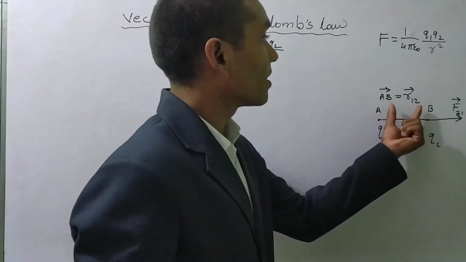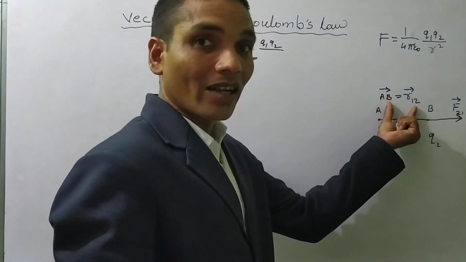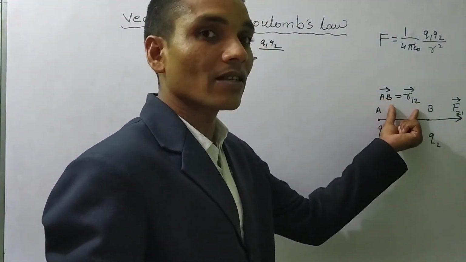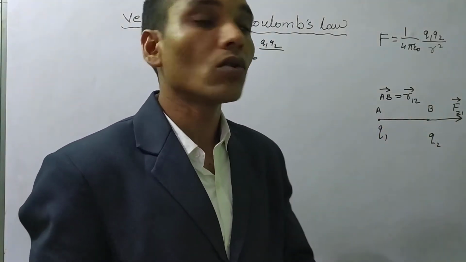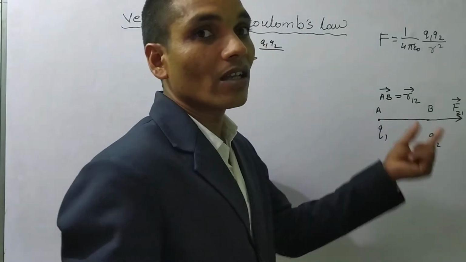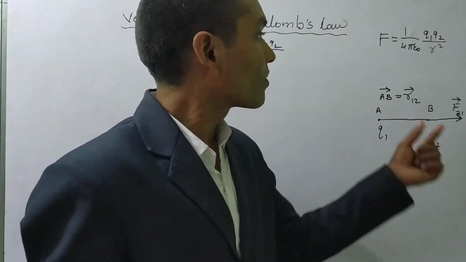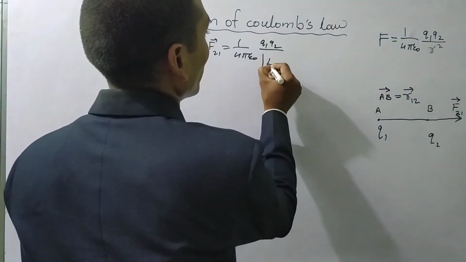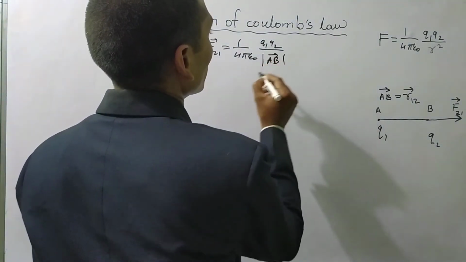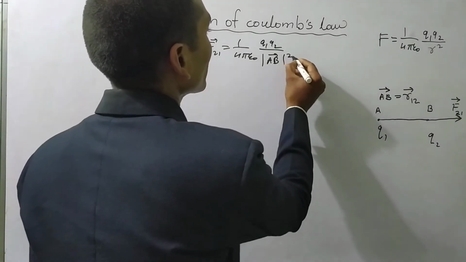What is the distance here? This is a vector quantity, so this is not a distance. To find the magnitude from the vector quantity, we have to take the modulus of the vector quantity. Here the vector quantity is vector AB, so the modulus of vector AB, squared.